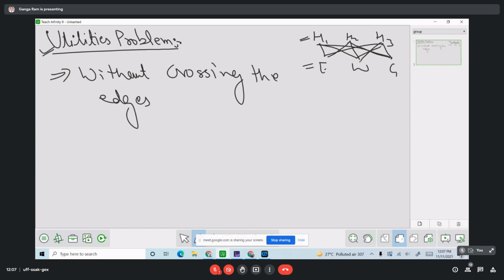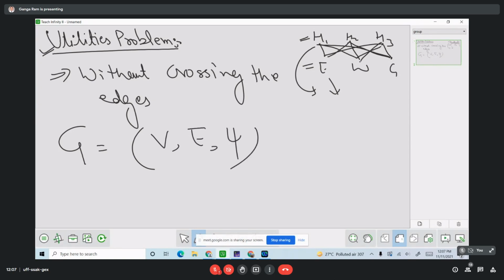I have discussed this problem in the first class. So it means that if we draw, this is one representation of a graph. Basically, what is the definition? Graph G is a structure of a vertex set, an edge set, and also a relation. Okay, so this is a notation, and we can represent this graph in two ways.